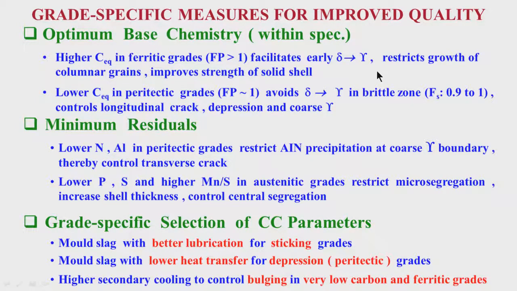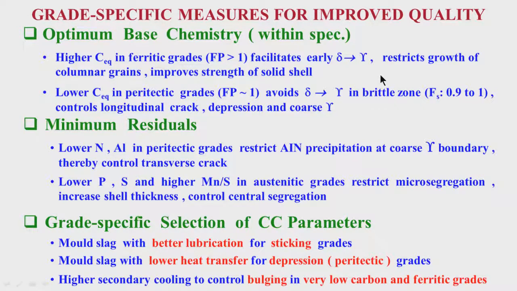Even after completion of solidification, delta ferrite continues and delta to gamma transformation in solid state takes place at much lower temperature. So what is the issue here? The issue is first the solid shell, which is delta ferrite, is relatively soft.